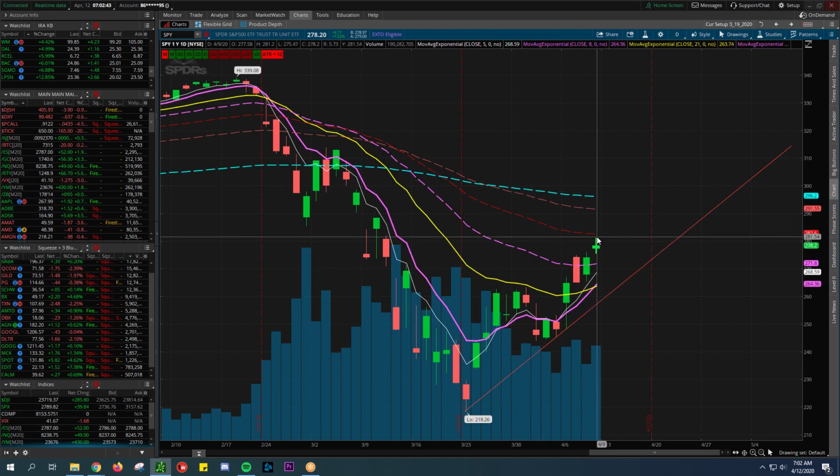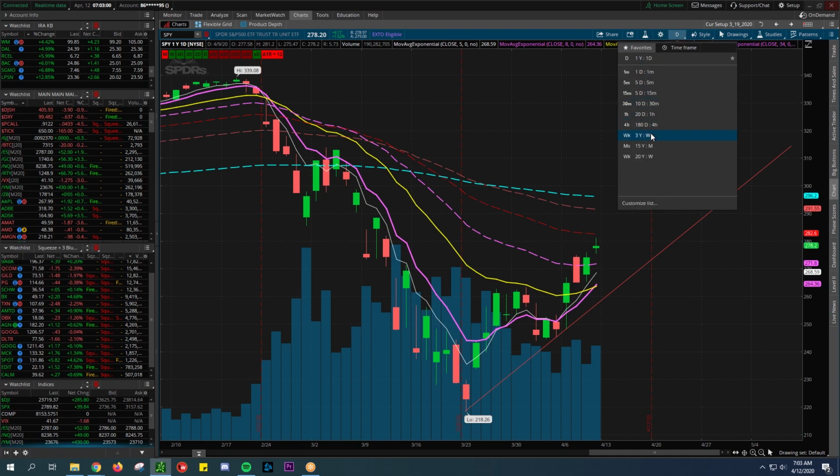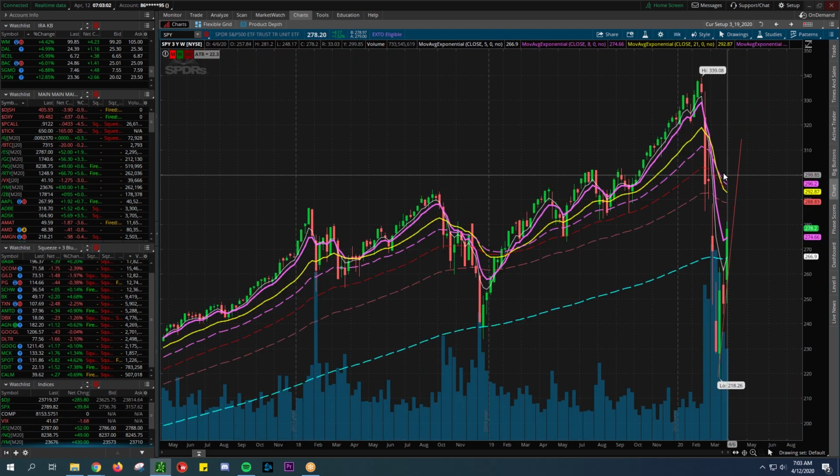But a V-shaped bottom doesn't mean it levels off and trades sideways for a bit. It needs to continue going straight up, at least to the 200-day, to really clarify that V-shaped bottom, and you'll see that in strength on the weekly chart.